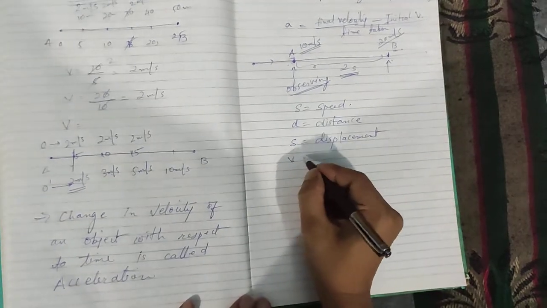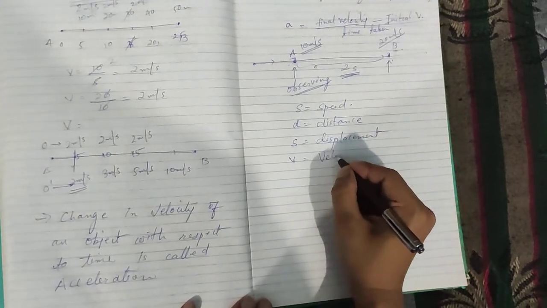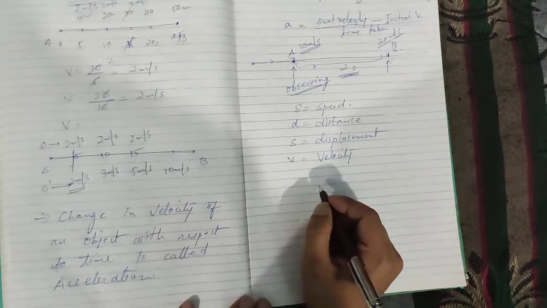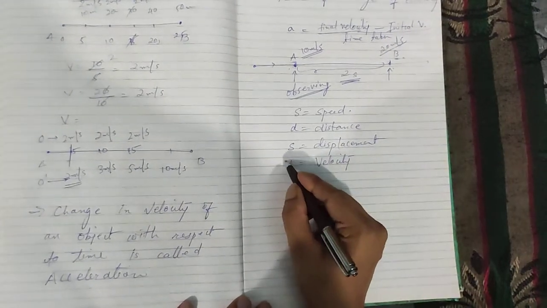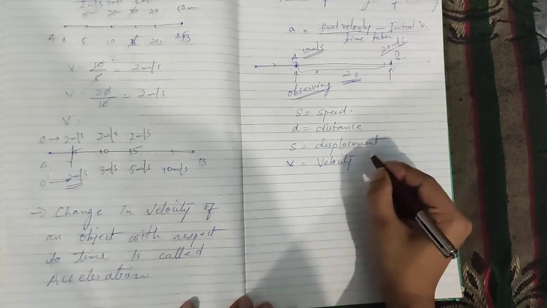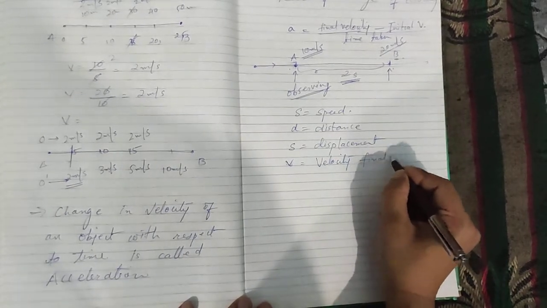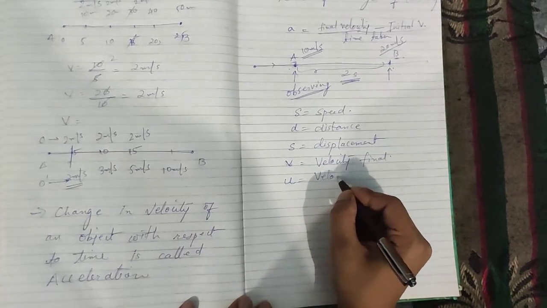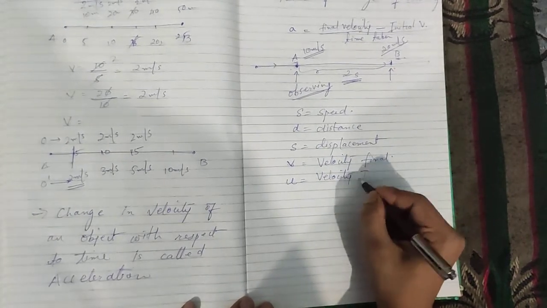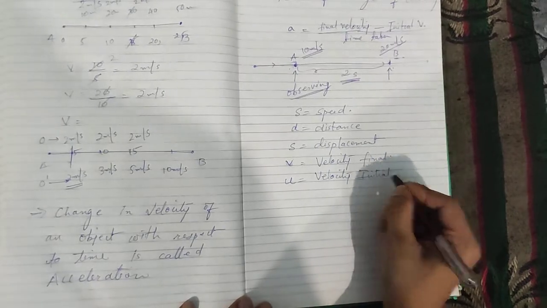For velocity we had V. Now we will bring a little twist in this. V is considered for final velocity, and U is written as initial velocity, so that it is a little bit easier for us.